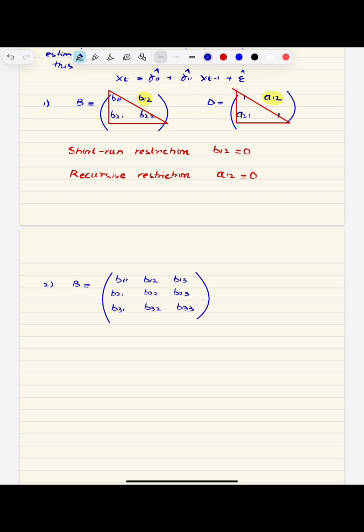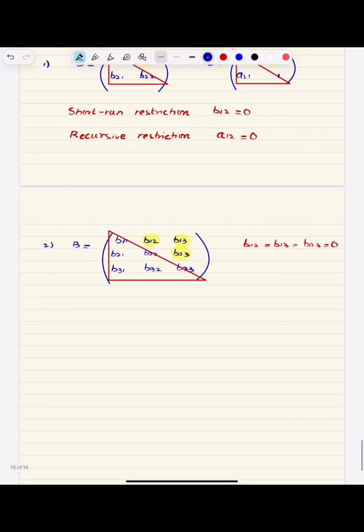Now let's make the triangle. Okay, so now we can see we have three short run restrictions that we can place. And the short run restrictions will be that B12, B13 and B23 are all equal to 0.